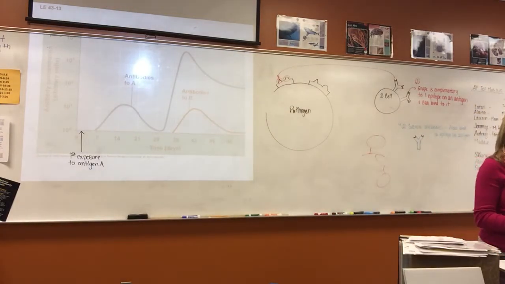Because they have to find what B cell matches that antigen, and then it has to divide. How does it take so many cells to find that one?